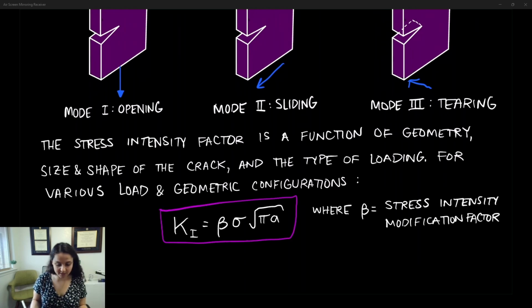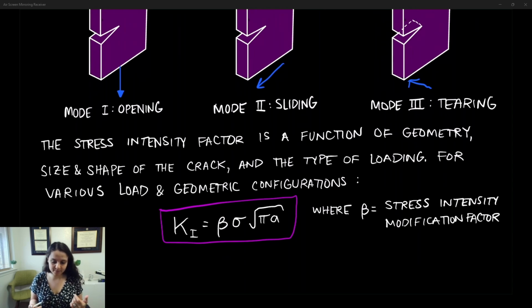All right, so here's our modified stress intensity factor for mode 1. We have introduced this factor beta, which is our stress intensity modification factor. And beta is going to depend on your type of loading and the configuration of your geometry.